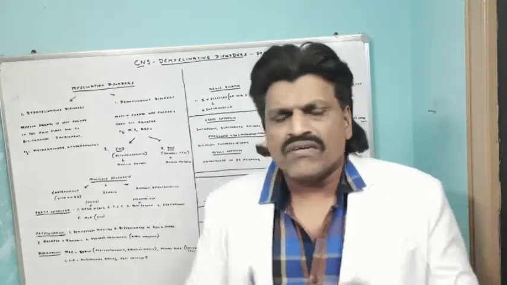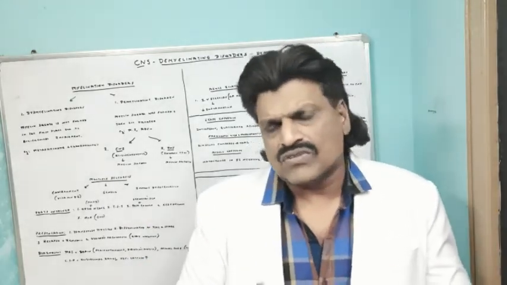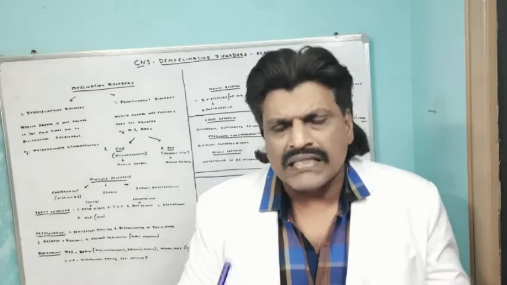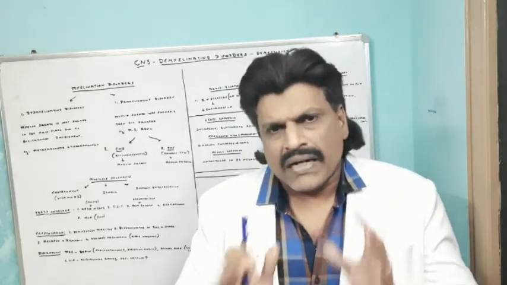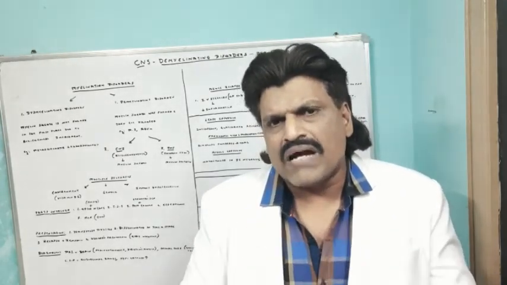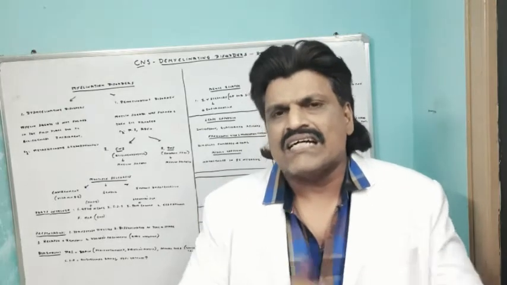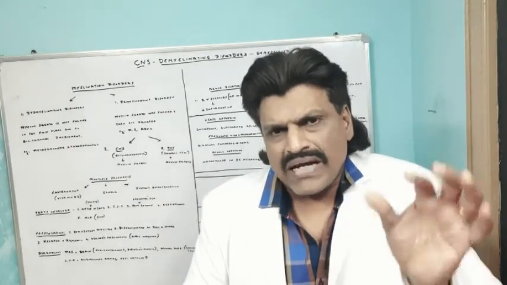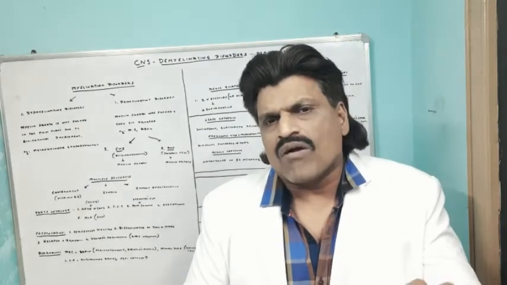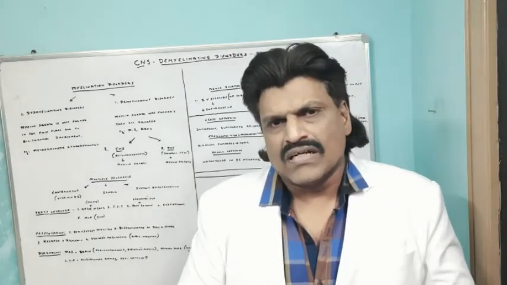Of the demyelinative disorders, the disease which comes to the forefront is multiple sclerosis. Multiple sclerosis is a demyelinative disorder of the central nervous system, wherein the myelin of the central nervous system, formed by the oligodendrocytes, is damaged.